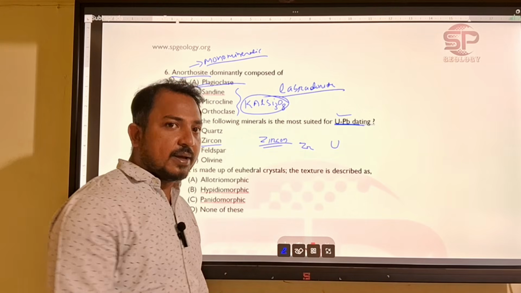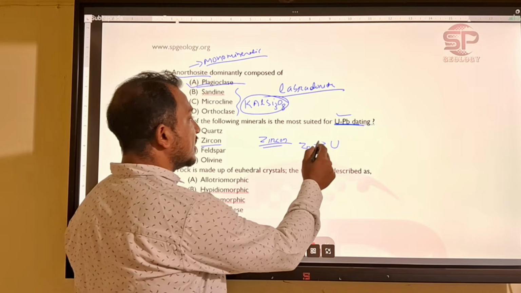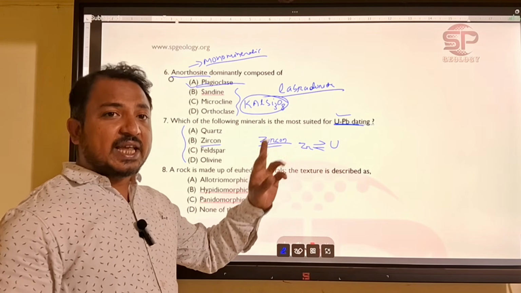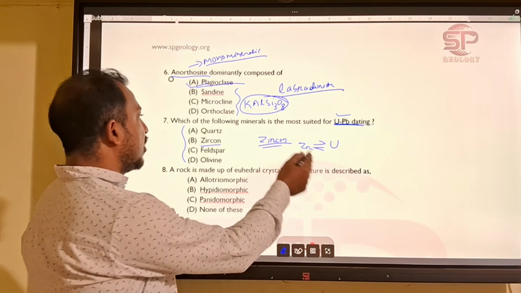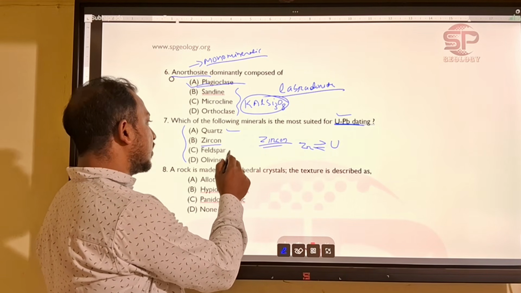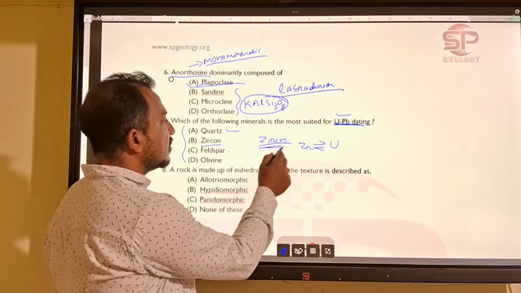Both have a valency of 4, so they can easily replace each other, and they also have the same size. So uranium cannot be accommodated within quartz, or can be accommodated only very little within feldspar and olivine, but in zircon it is a main constituent.